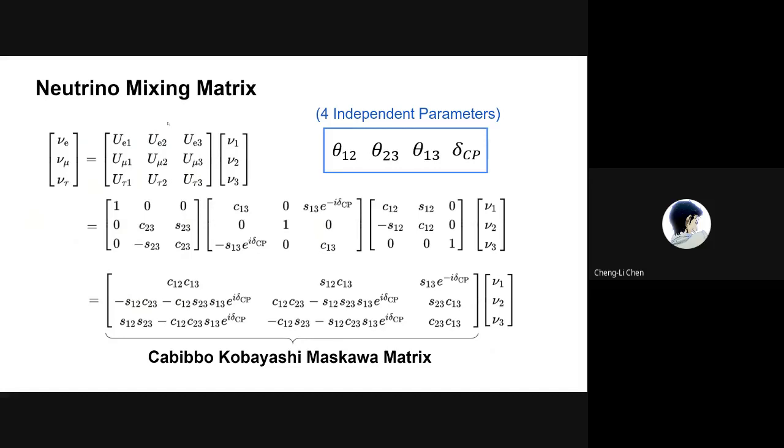It can be regarded as a 3D rotation, but we need to add one term, which is delta CP, in order to describe the CP violation. After simplification, we can get the so-called PMNS matrix, which describes the neutrino mixing, and it contains only 4 independent parameters.